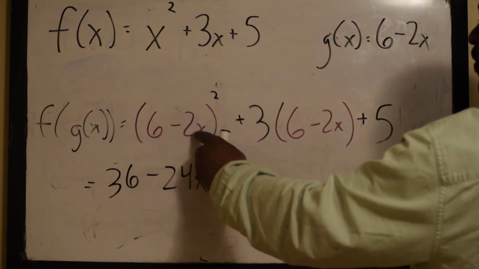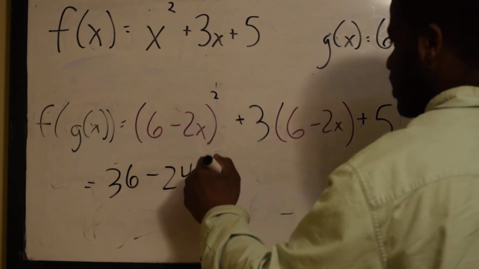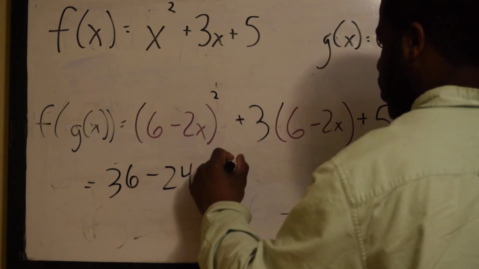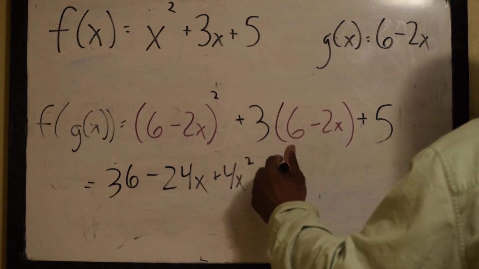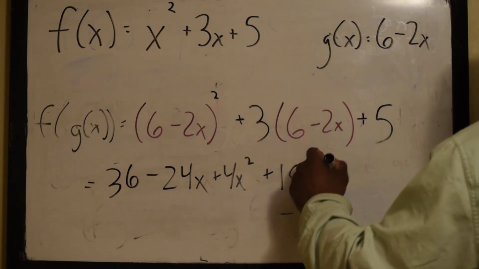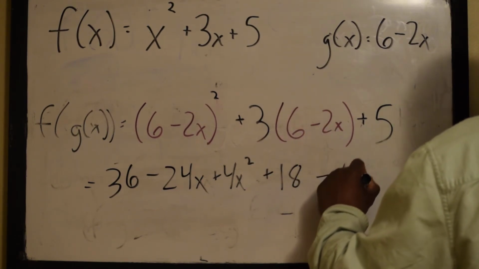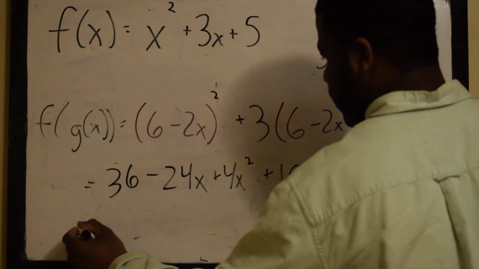And then negative 2x times negative 2x is plus 4x squared. 3 times 6 is 18. 3 times negative 2x is negative 6x. And then we add the 5 at the end.